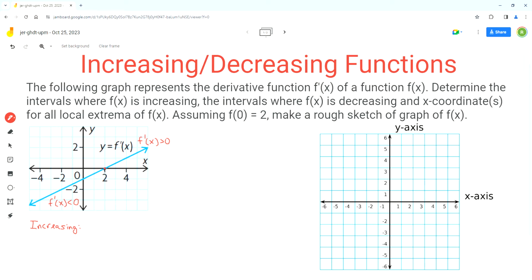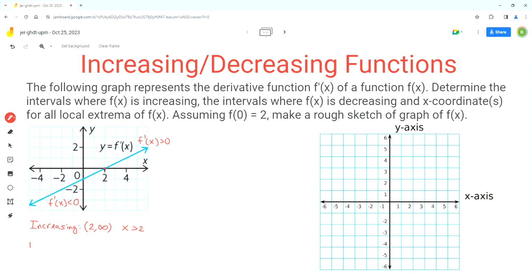We can write that in interval notation as 2 to infinity, so all x values greater than 2. In inequality notation, we can write that as x is greater than 2. So there is only one interval over which the function is increasing.